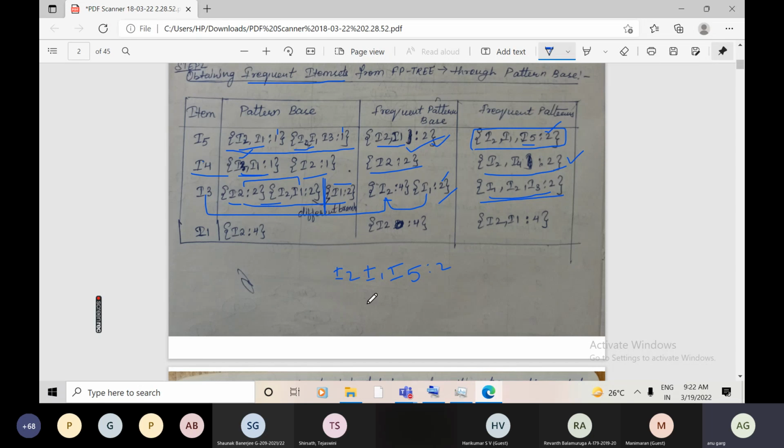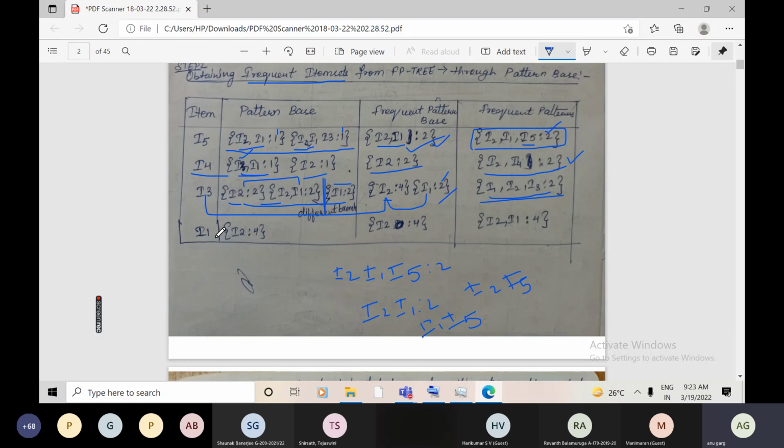So in the exam, you can also show all the subsets in your answer: I2, I1, or I1, I5. All these also will be your frequent patterns. So you should write all the subsets. Then I2, I5. All those subsets you should write for all of these.